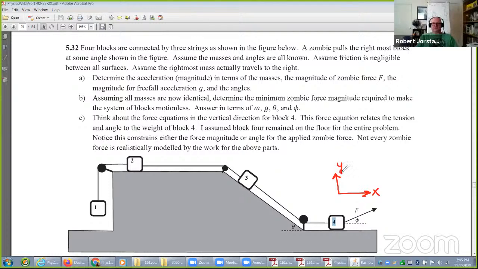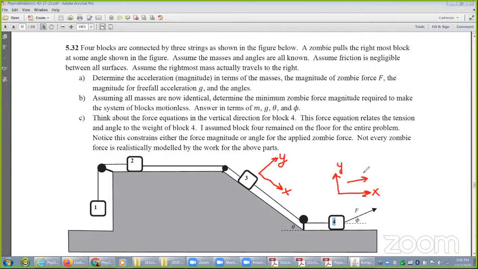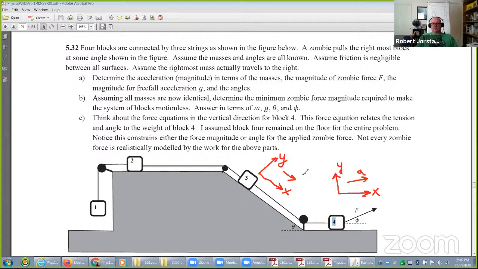Yeah, so to communicate, I'm trying to focus on this. This would be called down the plane. So if that helps you guys communicate with each other, say X is down the plane and Y is perpendicular to the plane. And I think that's what you meant, right, Esteban? Yeah. So those are the words that are going to help you communicate with each other. Just say down the plane if you need to do that. How about block 2?